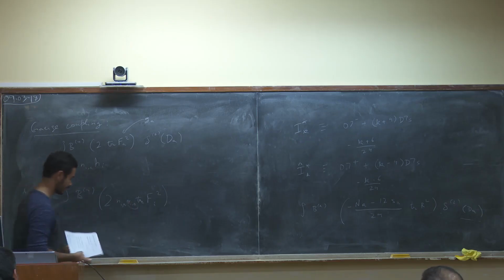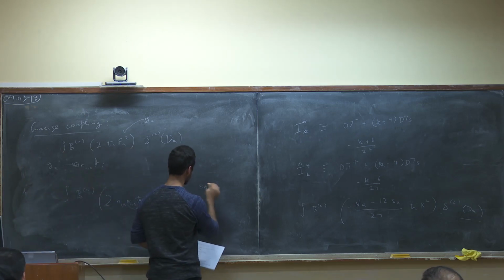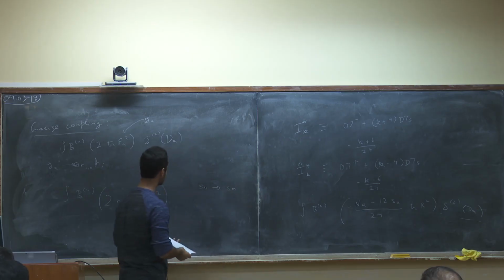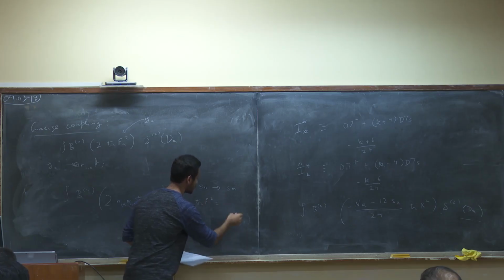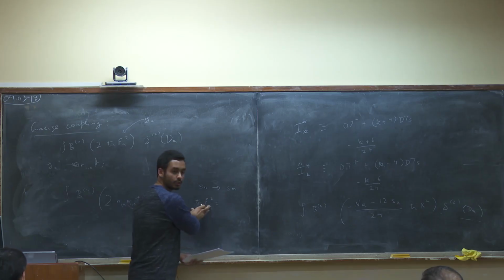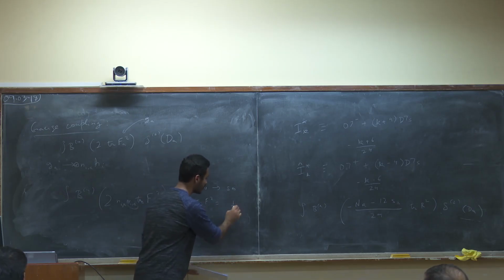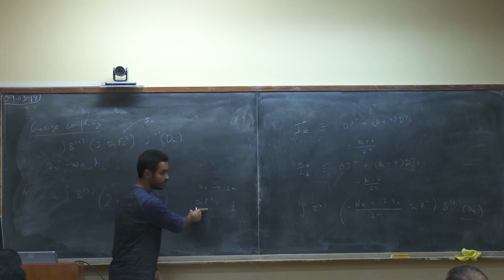So for instance, let's say you want to break SU to some lower SO, then you want to write trace F squared for this in terms of, so these are normalized according to instanton numbers, and the instanton for SO is normalized such that there is a half instanton for SO when you view it from the point of SU.